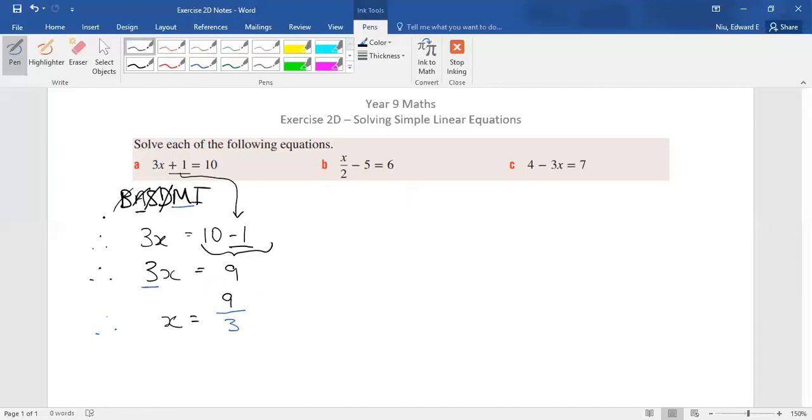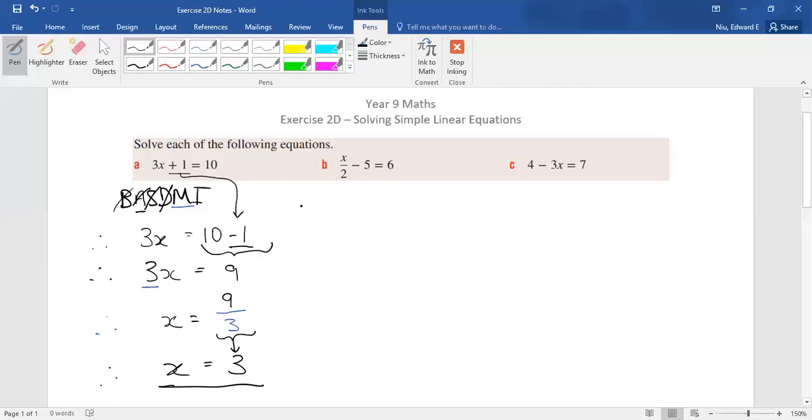And therefore, x, well, 9 divided by 3, we know that gets us the answer 3. If we think about it, does 3 times 3 plus 1 get us 10? Yes, it does, because 3 times 3 is 9, plus 1, that gets us 10. So our mystery number here is 3. And that's all linear equations is. We're figuring out the missing number.